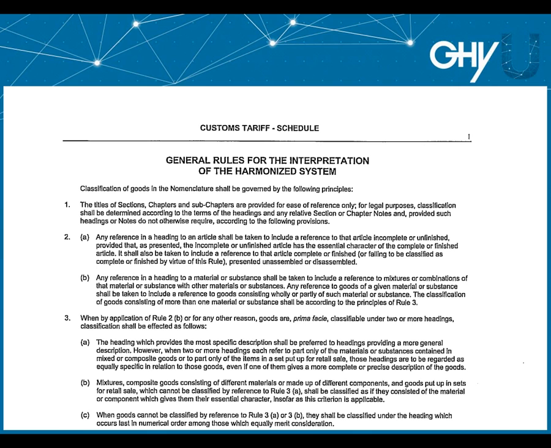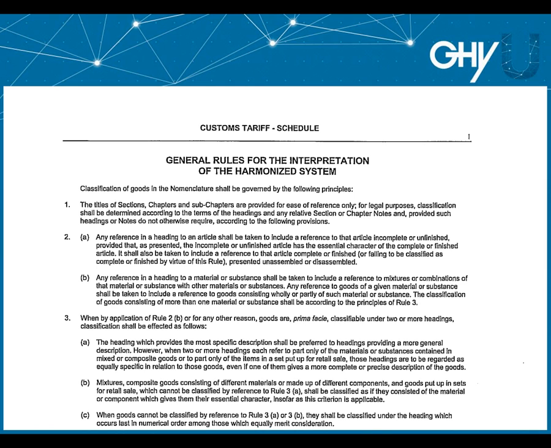General Interpretive Rule 2A states that any reference in a heading to an article shall be taken to include a reference to that article incomplete or unfinished, provided that, as presented, the incomplete or unfinished article has the essential character of the complete or finished article.